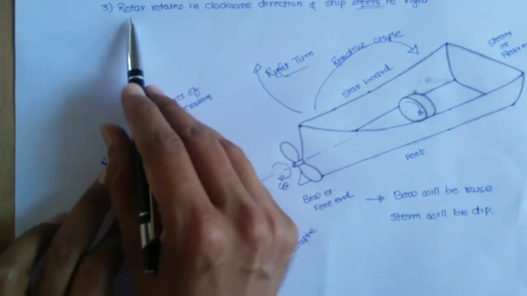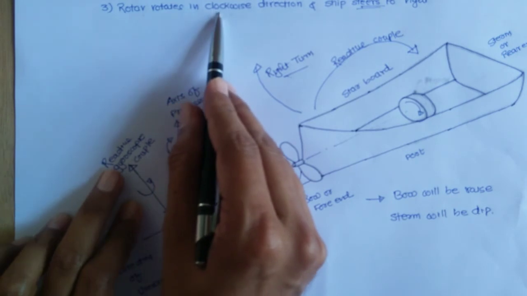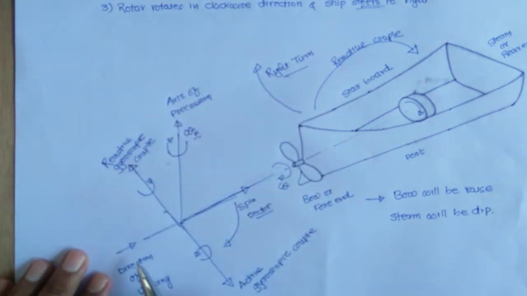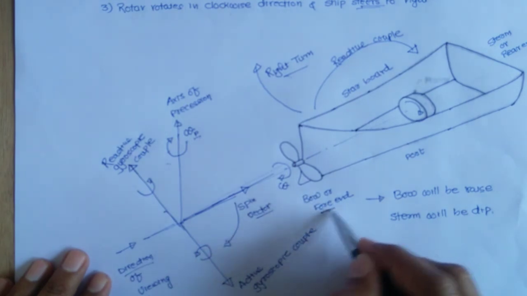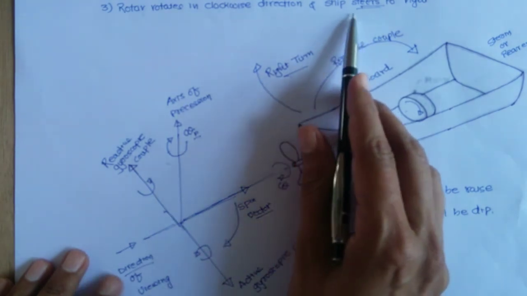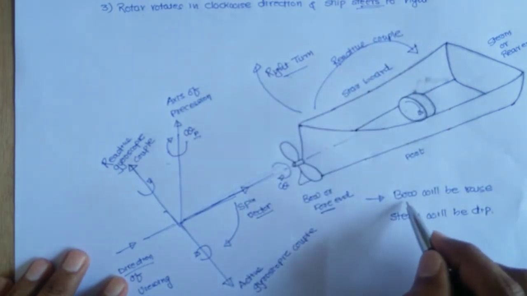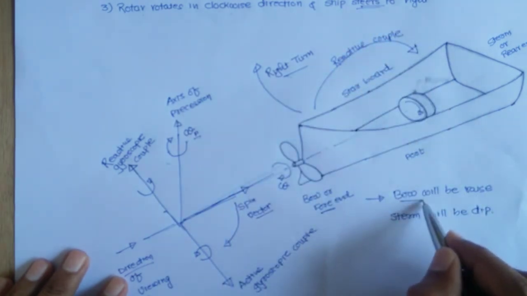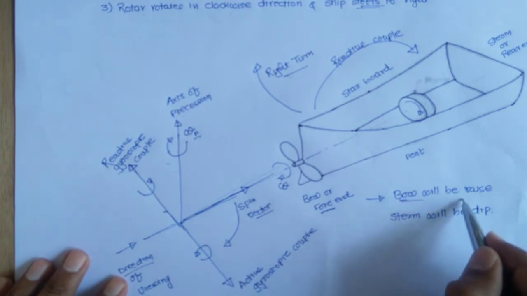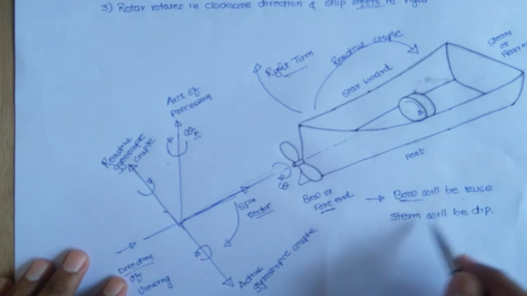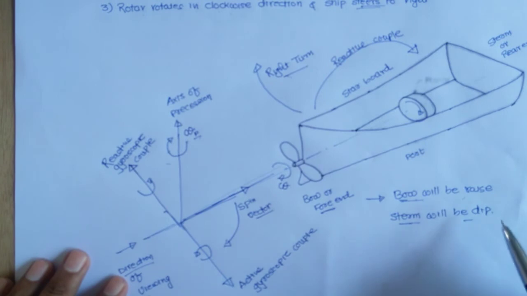So when the rotor rotates in clockwise direction, when seen from the fore end, and the ship is steering towards the right, then the effect of the reactive gyroscopic couple is that the bow will be raised and the stern will be deep.